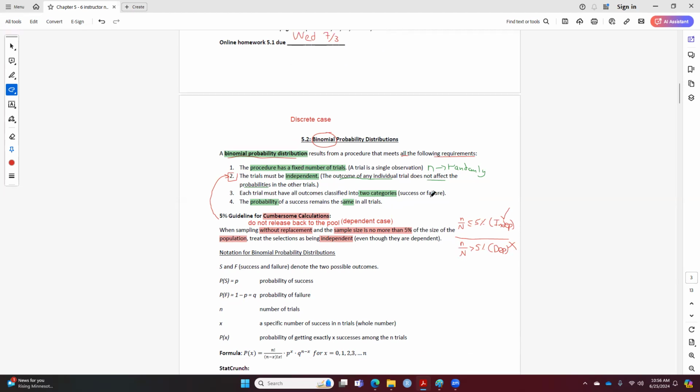Okay, and some of you ask me what is big N and small n. Little n is the sample size, and then capital N is the population size. I'm going to use a detailed example here.